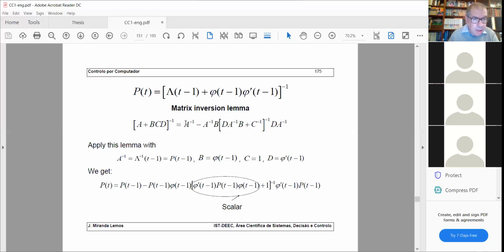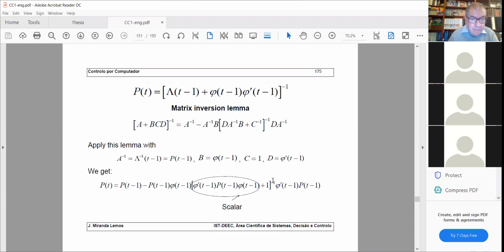I get here that the inverse of lambda plus phi times 1 times phi transposed is A inverse, which is P, minus P times B, which is phi, then the inverse of D A inverse B, so D is phi transposed, A inverse is P, and B is phi, plus the inverse of C, which is 1.